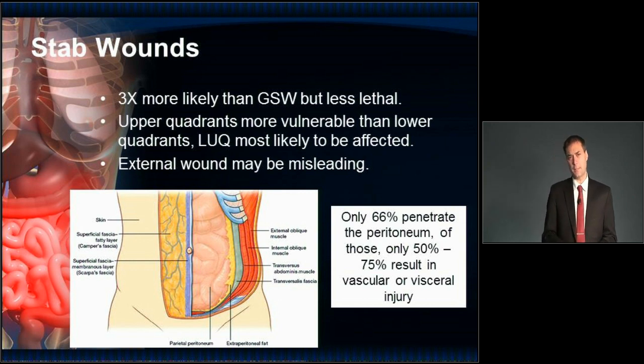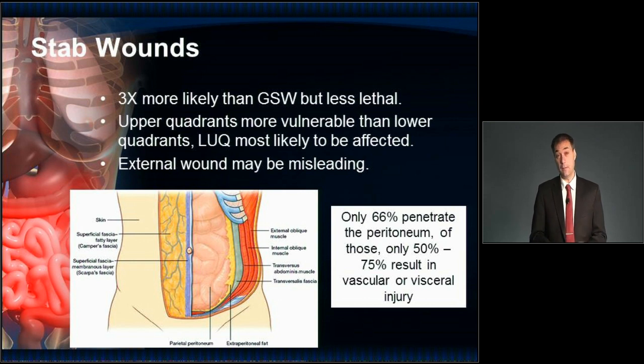In fact, if you look at the statistics now on your screen in the white box, only 2/3 of stab wounds actually go through the peritoneum. A full 1/3 may only be surface trauma with no peritoneal injury. Now, of the 66% that actually penetrate the peritoneum, only about a half to 3/4 actually cause either vascular or visceral injury.